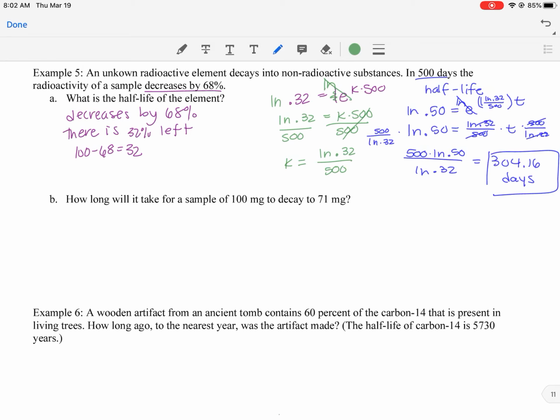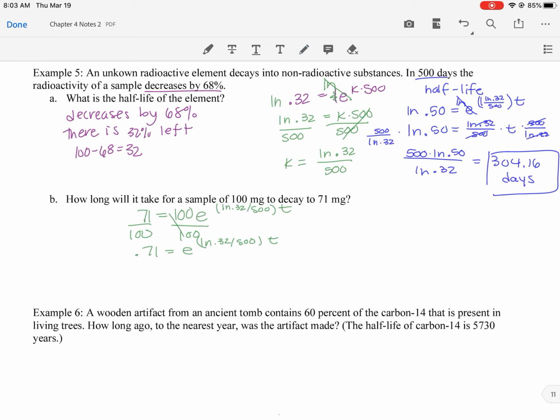So the next question is, how long will it take 100 milligrams to decay to 71? Once again, similar to what we did with the half-life, but this time we're going to have 71 equals 100 e to that natural log of 0.32 divided by 500 times time. Divide both sides by 100. We get 0.71 equals e to the natural log of 0.32 divided by 500 times t. Then you're like, well, what do I do next? I'm taking the natural log of both sides.